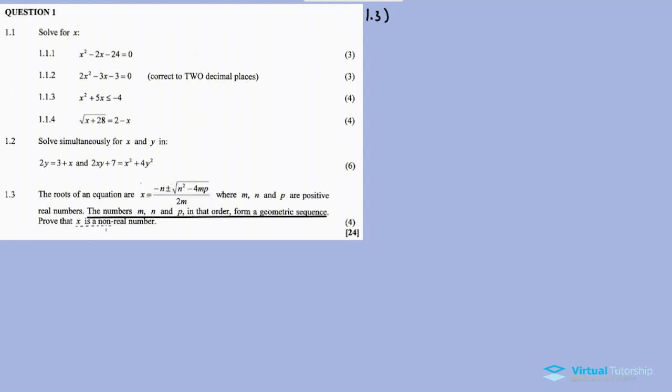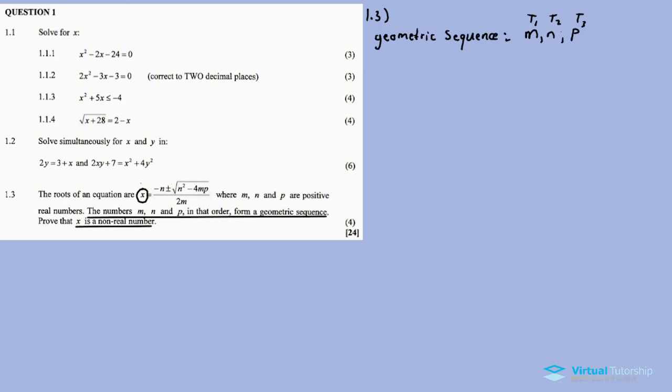Prove that x is a non-real number. So we want to prove that this x is not a real number, or the solution for this quadratic equation is a non-real number.